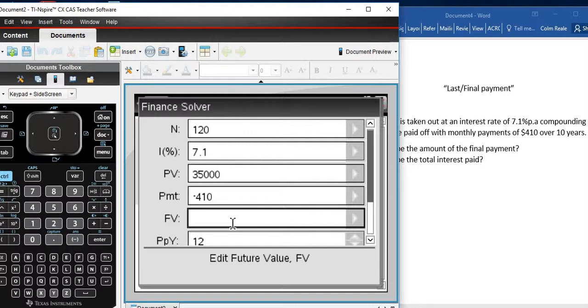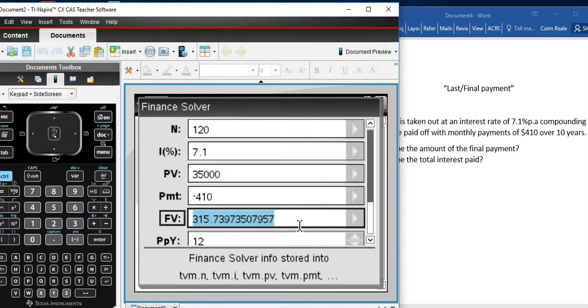If we make 120 full payments of $410, it turns out that we've overpaid. You see the way that changed from negative to positive. So we've overpaid the loan by $315.74. We do not need the last payment to be $410. We need it to be less than that.